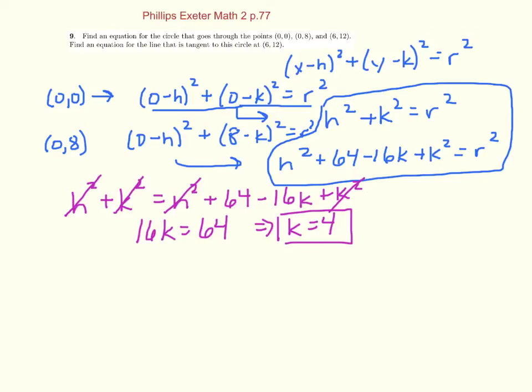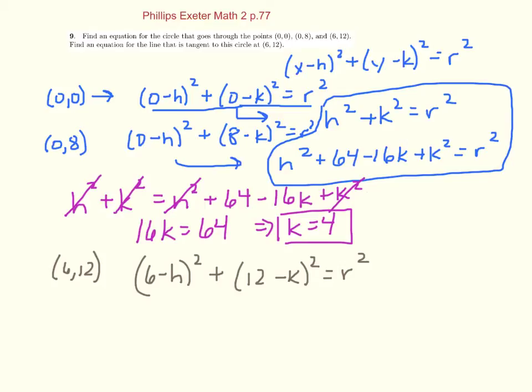So once you have k equals 4, then what you can do is look at your last equation you had here at the 6, 12. 6, 12, we would have 6 minus h quantity squared plus 12 minus k quantity squared equals r squared.